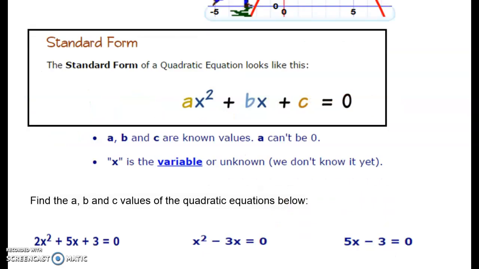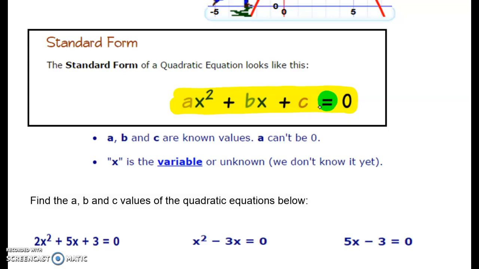Okay, those are quadratics. So a quadratic equation is always going to be in this standard form. And we have looked at this, even as we've been factoring, we've talked about ax squared plus bx plus c. Now, we haven't put it in equation form until now. Equation form simply means that there's an equal sign.